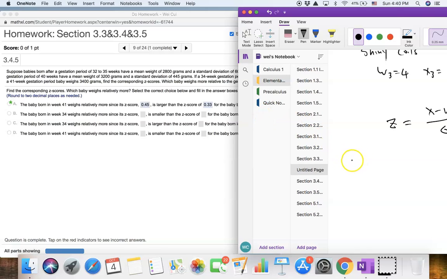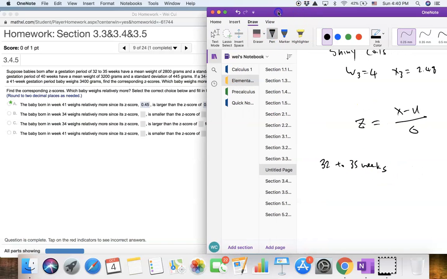So for the baby in this period, the mean is 2,800 and the standard deviation is 600.